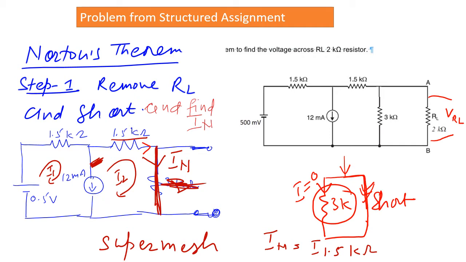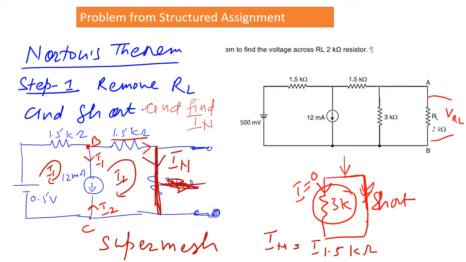Here if I delete like this, now this current here in this branch, if this is B and this point is C here, in this branch between B and C, the current is coming I1 from here, and from mesh 2 the current is going like this, and they are opposite in direction.